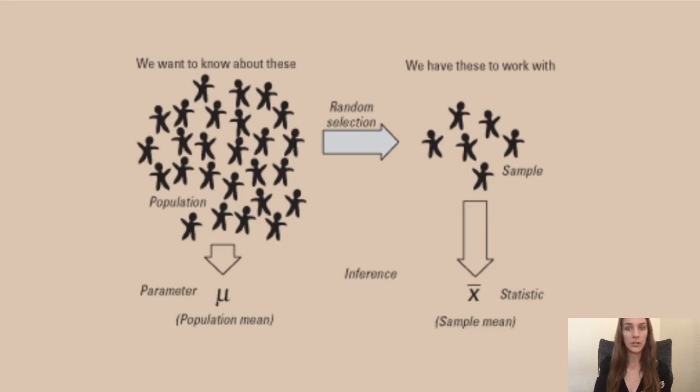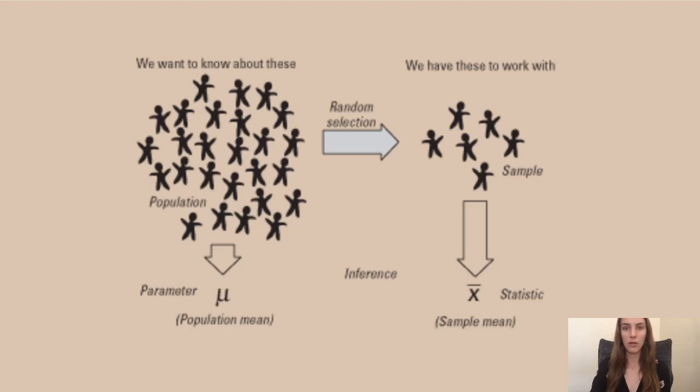This example here is with means, which of course we haven't even got to yet, but you might have an idea of what a mean or an average is. So we can take a sample of individuals, make some statement about them, and then we might think that the statement we've made about the sample can be inferred back to the population in some way, that the sample is somehow representative or reflective of the entire group.